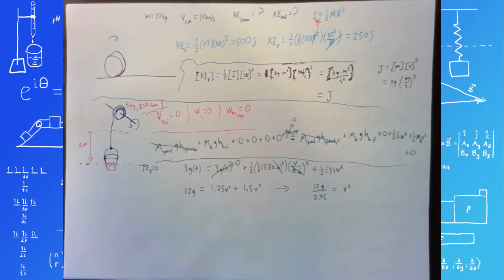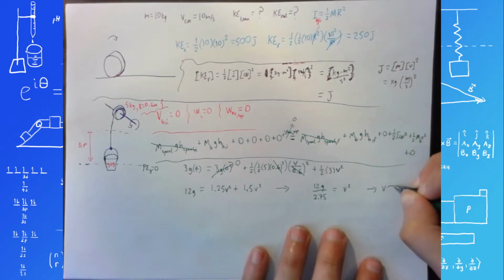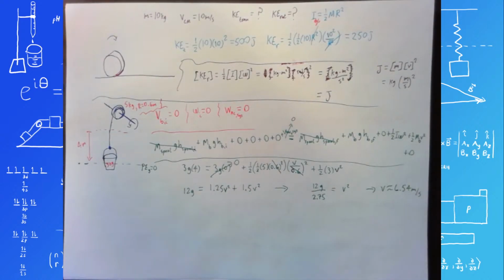Since we've made it this far, we might as well plug it in and see what number we get. 12 times 9.8 divided by 2.75 and then take the square root, and I get 6.539. I'll say 6.54. So we get v is approximately 6.54 meters per second. Is that what it was asking?